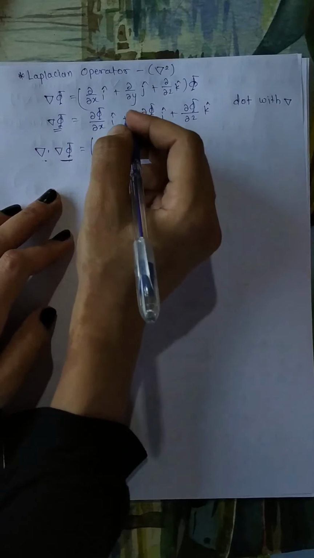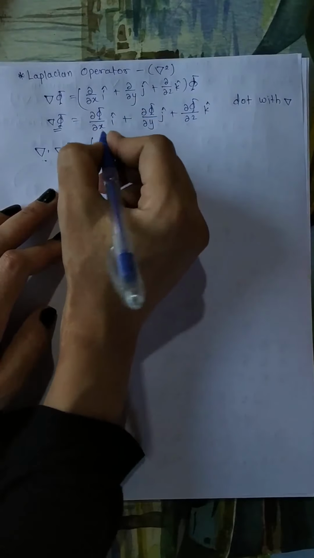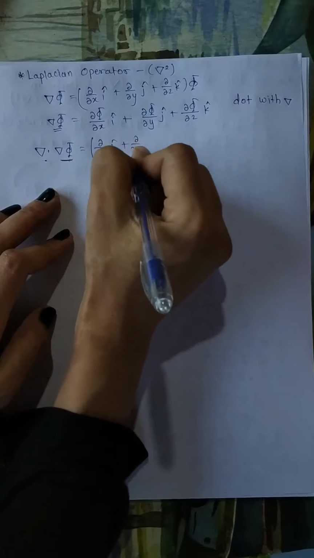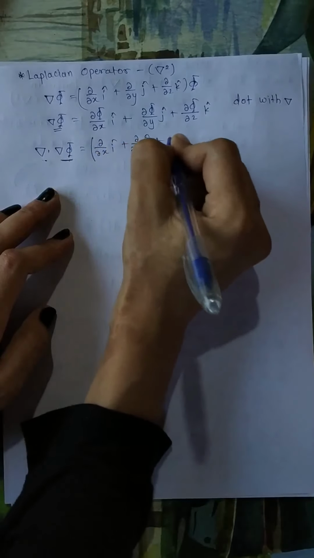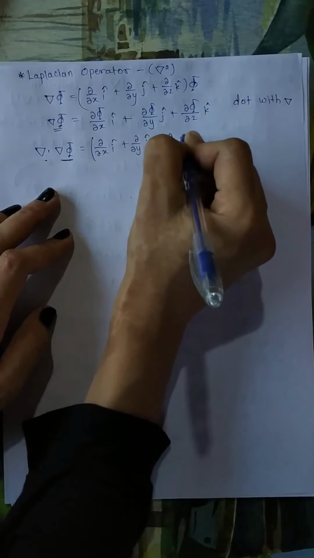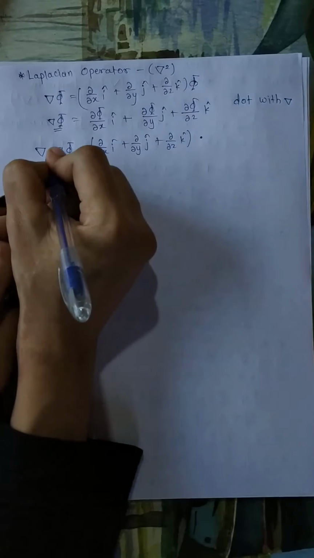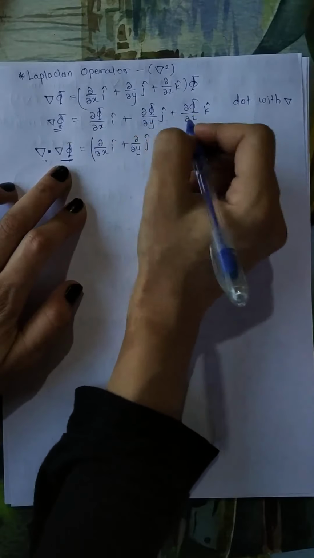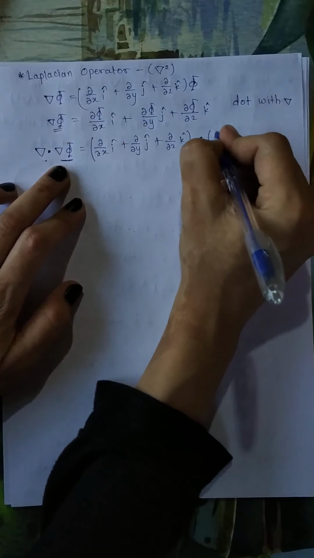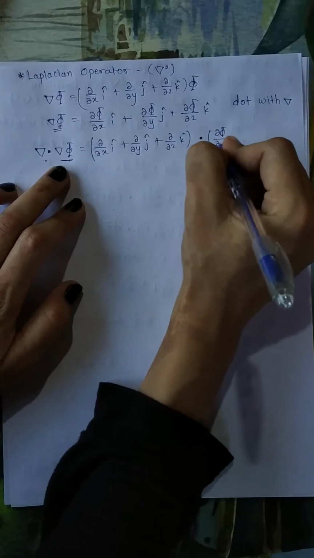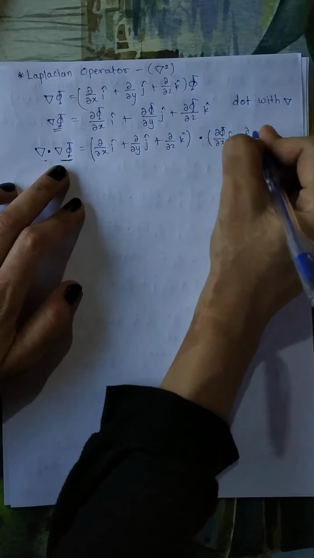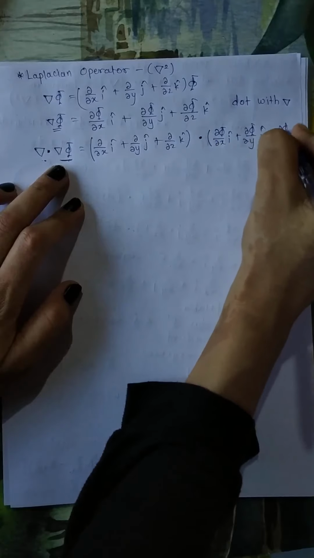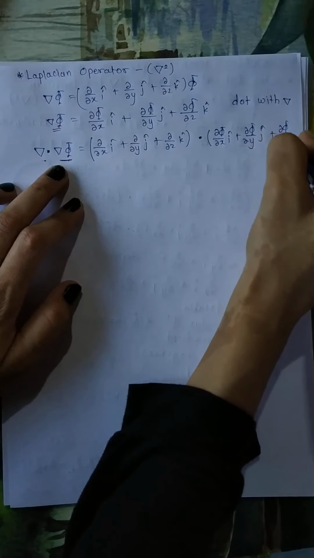We have just discussed it: dou by dou x i cap plus dou by dou y j cap plus dou by dou z k cap, dotted with del phi. This is our del phi, so let's substitute: dou phi upon dou x i cap plus dou phi upon dou y j cap plus dou phi upon dou z k cap.